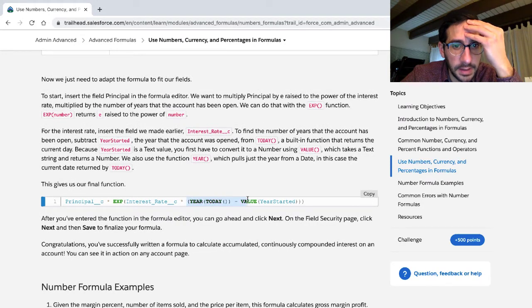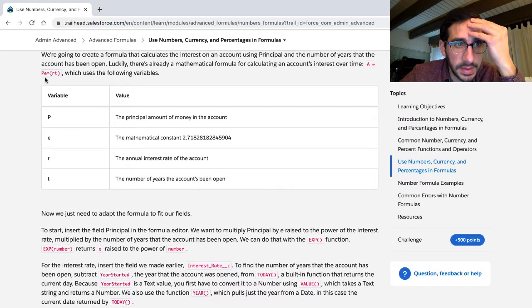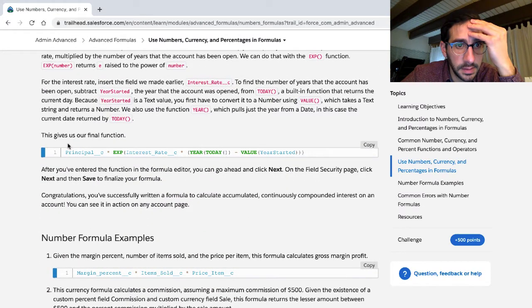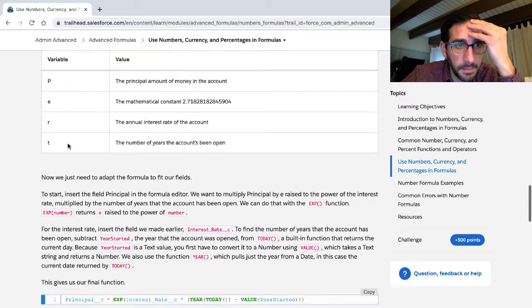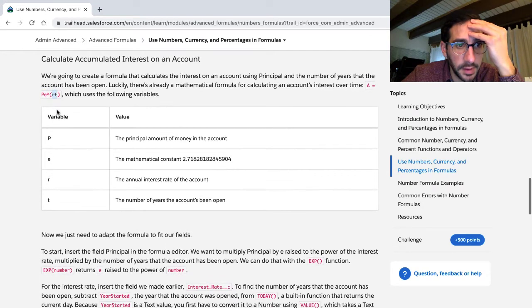Times year today minus value year started. So it was principal times E raised to the power of R times T.